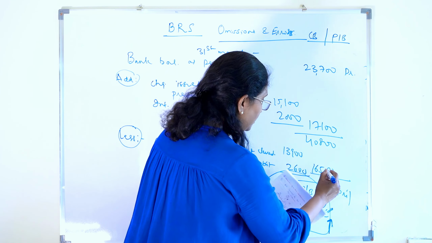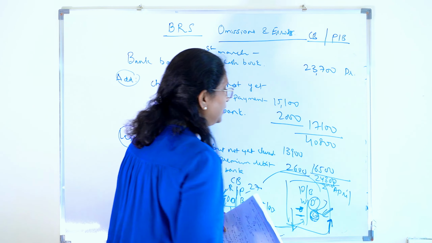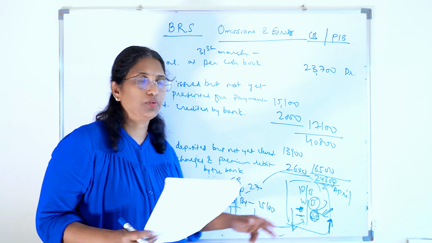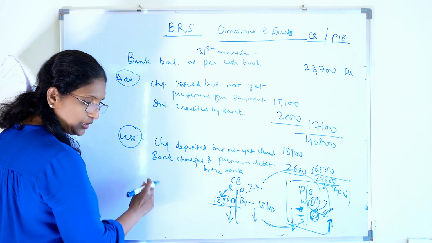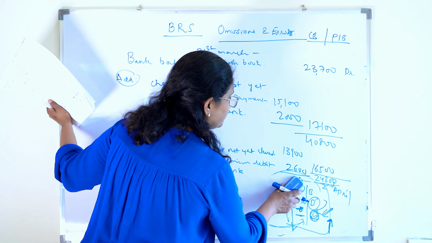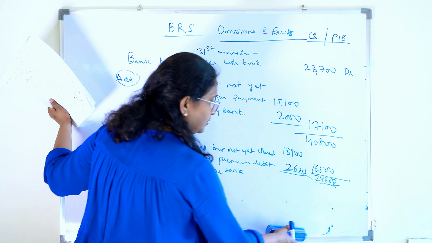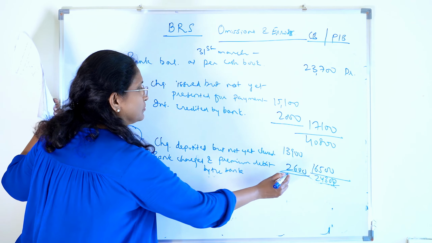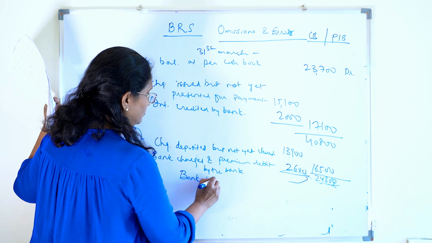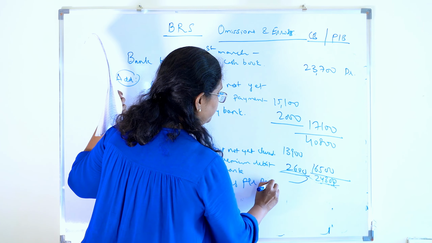So you will get a balance of 24,300, and this is what your bank balance as per passbook. This is what we have reached, bank balance as per passbook.